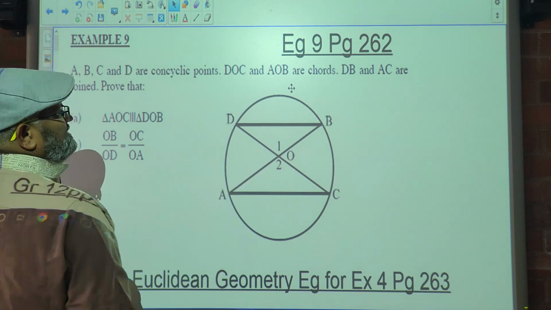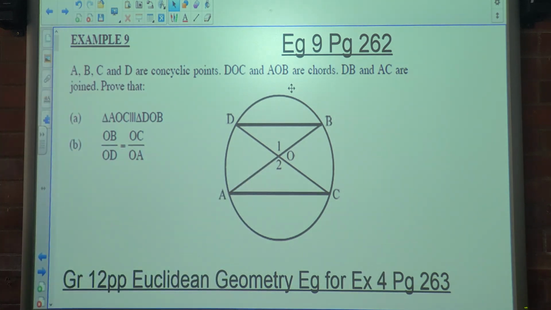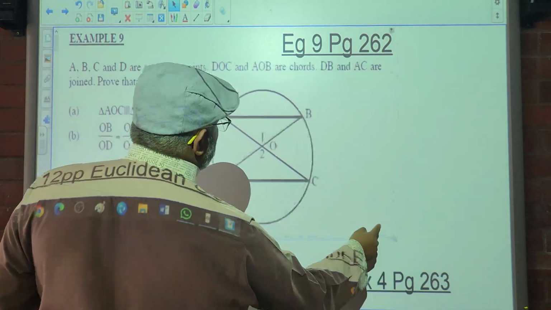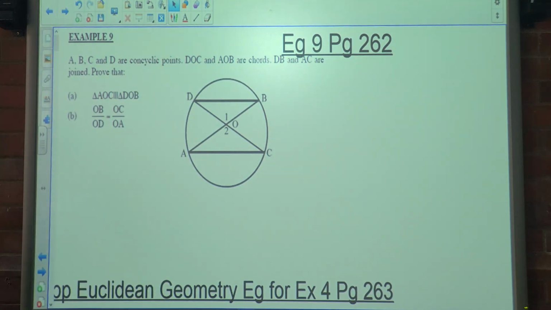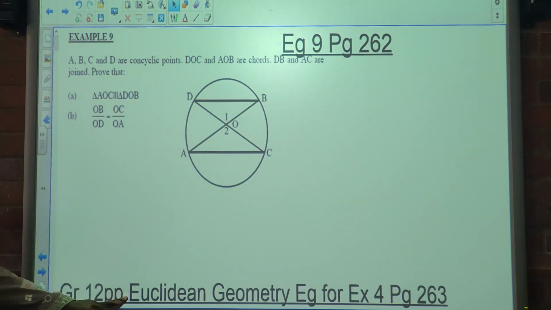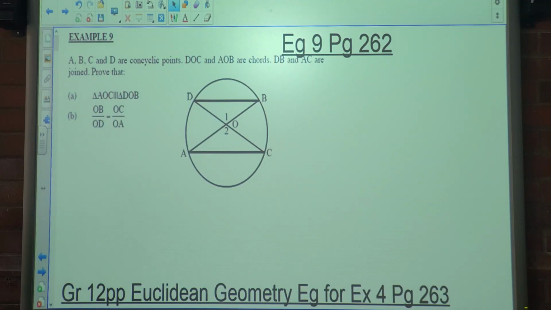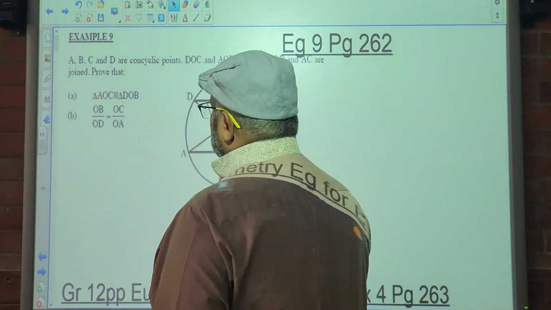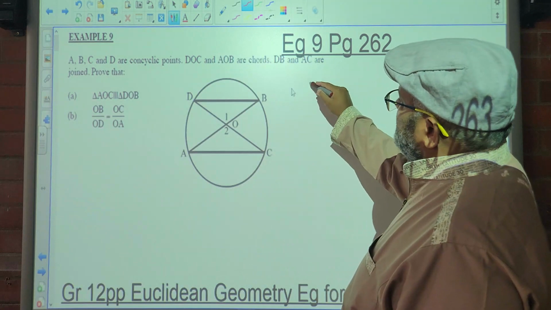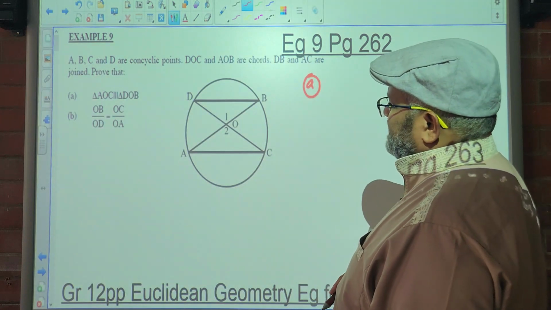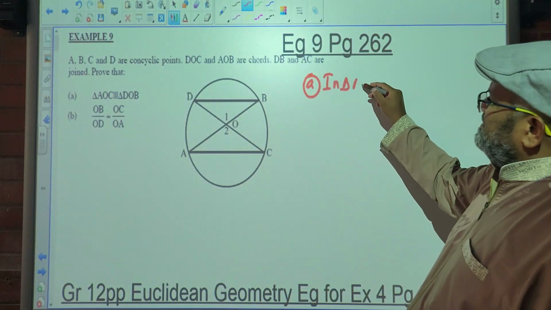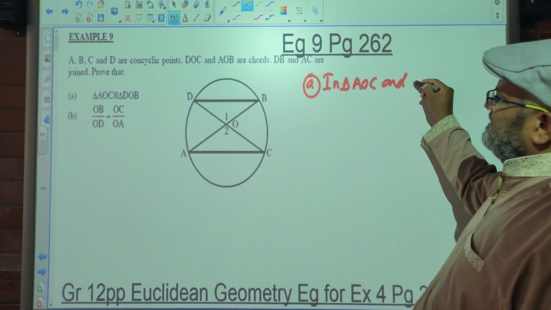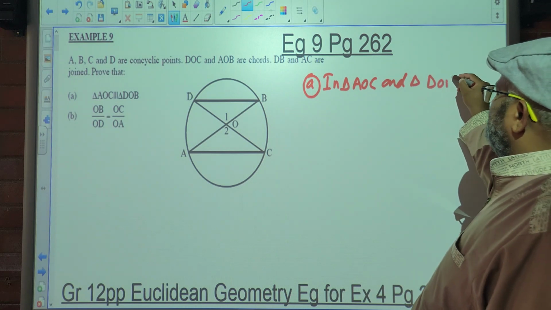Okay, did it tell us that O is the center of the circle? No. So can I assume that? No. I don't think we're going to need that fact, but I'm just saying to note that. So, the first question says you must prove that triangle AOC is similar to triangle DOB. Where do we start? In triangle AOC and triangle DOB.